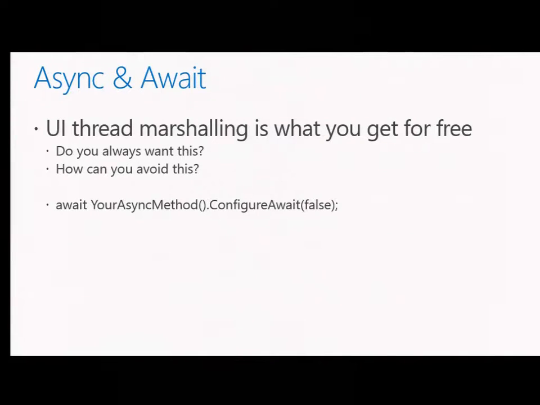However, you might not want this. Let's say you have an async method which calls for a bunch of categories from a service. But before you bind those categories, you still want to do a bunch of business logic on those.